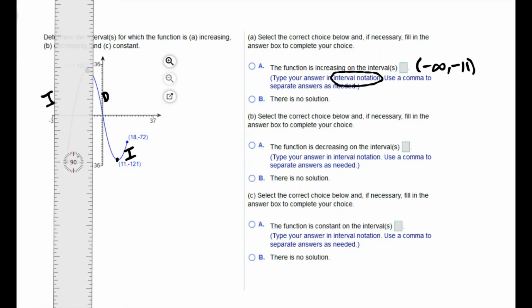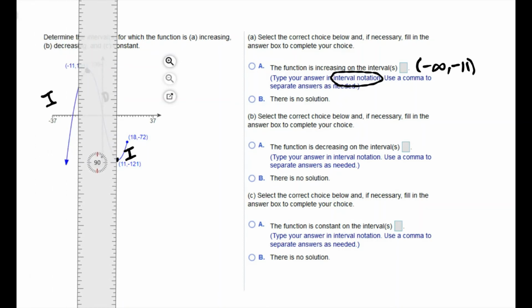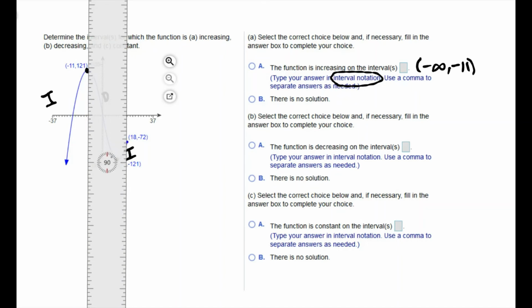And then we also have another increasing section which starts at this turning point. That starts at an x-coordinate of 11 and goes until this x-coordinate of 18. So also from 11 to 18. And we're going to use parentheses, and we're going to separate our answer with a comma.